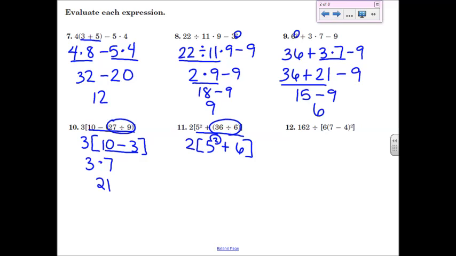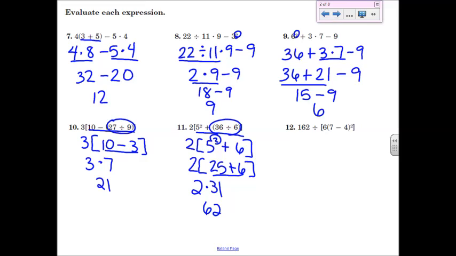So we have 5 squared, which is 25. We don't have multiplication or division inside those brackets, so the next step is addition, subtraction. So we have 25 plus 6 is 31. And then the last step, now that we've gotten rid of the brackets and parentheses, is multiplication, because that's all that's left. 2 times 31 is 62.